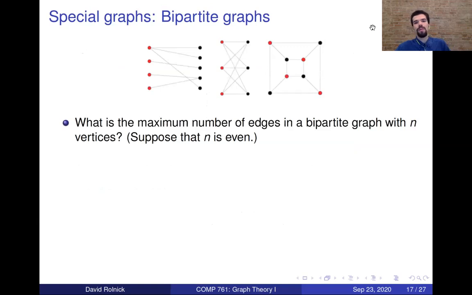What is the maximum number of edges in a bipartite graph with n vertices? Suppose that n is even. All possible ways to divide them into parts and add edges.